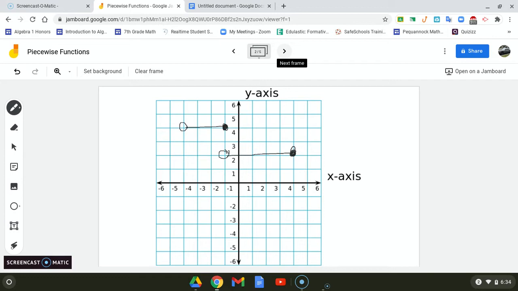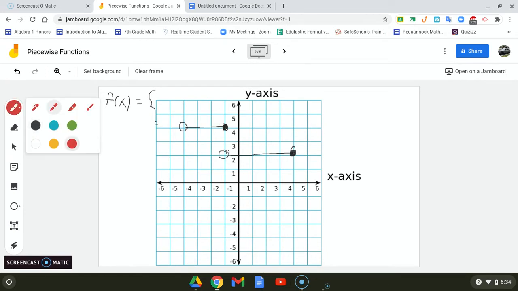So first thing we want to do is identify our function, which is going to be f of x. Now we have to identify what the actual function is. We're going to first identify where our function is.